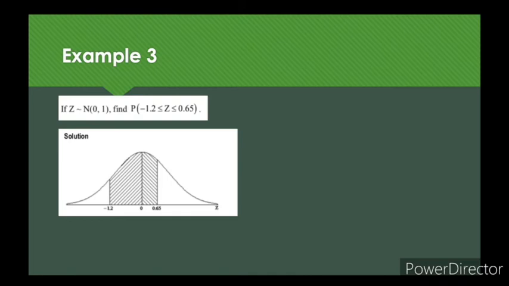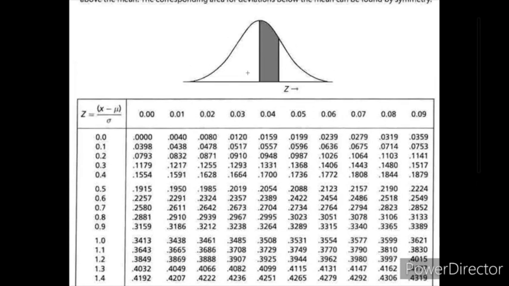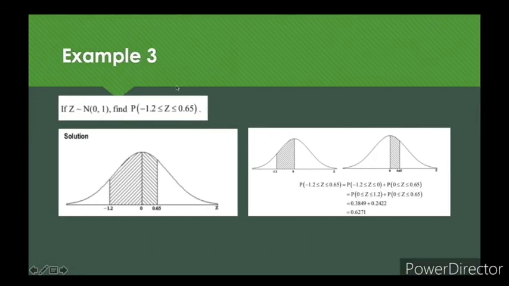Don't forget to make the sketch of the graph. It represents negative 1.2 to 0.65. We are going to split this into two parts, because remember that the table always starts from 0, which is in the middle. If the region spans both sides of 0, we need to split it into two parts: from negative 1.2 to 0, and from 0 to 0.65.